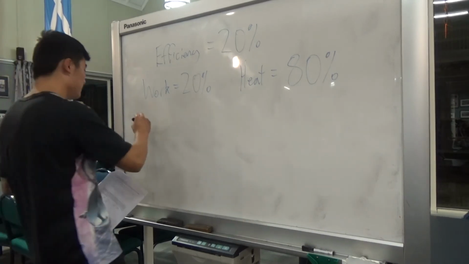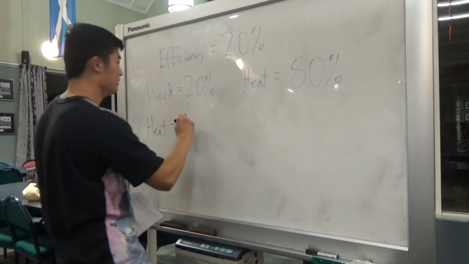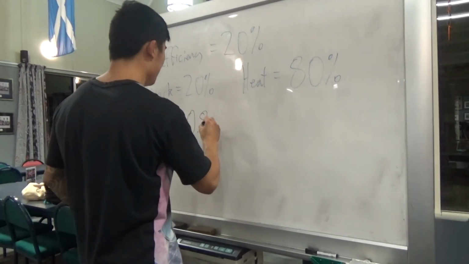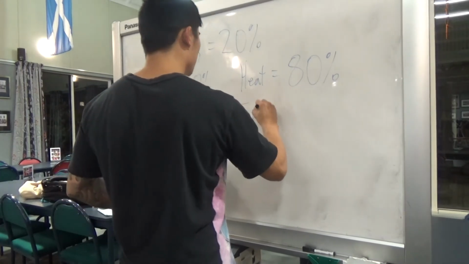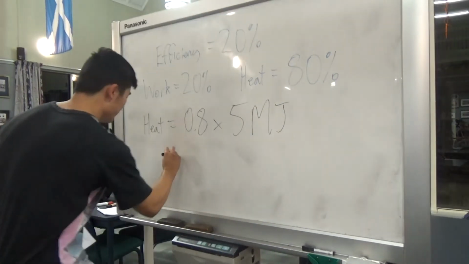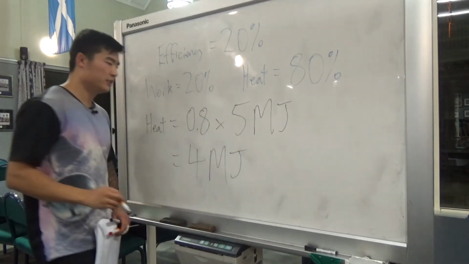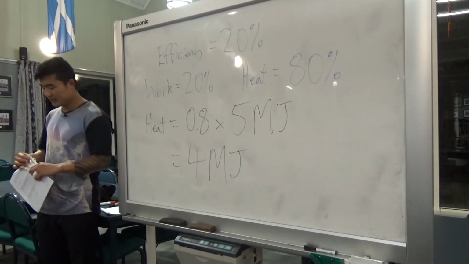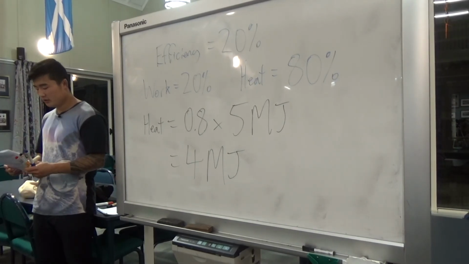So then the heat is equal to 0.8, so 80% of the total, which was 5 megajoules. So that will be 4 megajoules of heat that's produced, or 80% of the total.